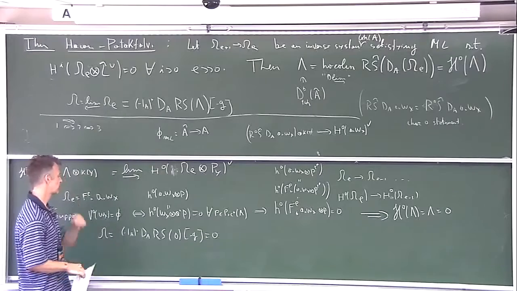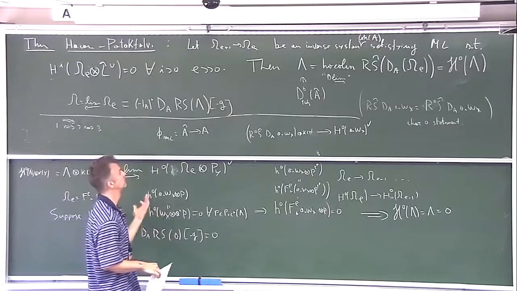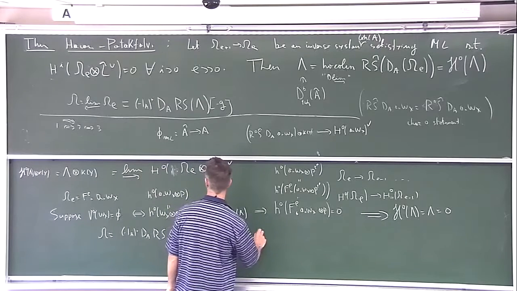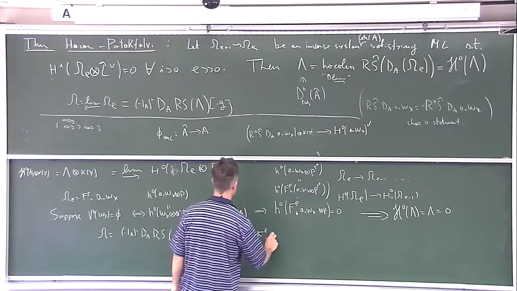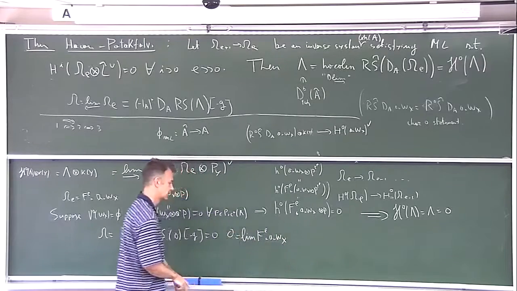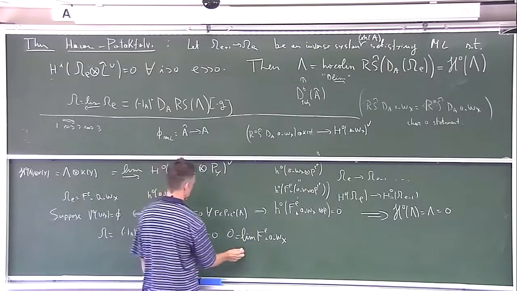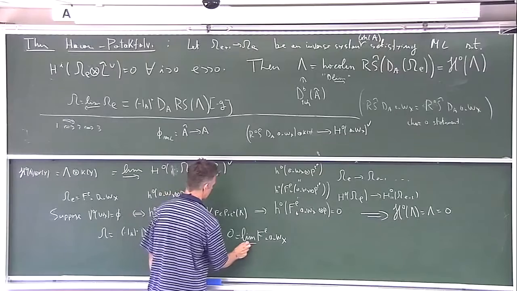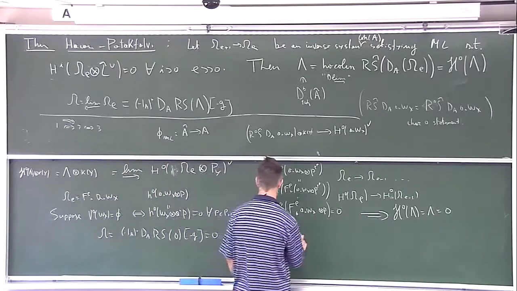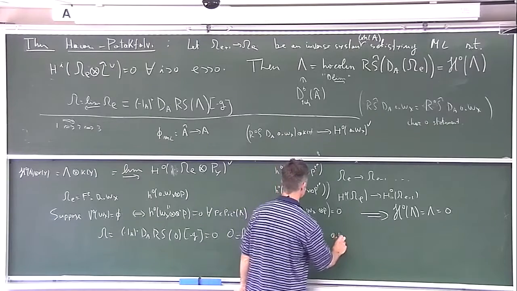So what does that mean? Formally, it means just that this inverse limit of F E low star A low star of omega x is 0. But now it's not true that the inverse limit surjects onto A low star of omega x.